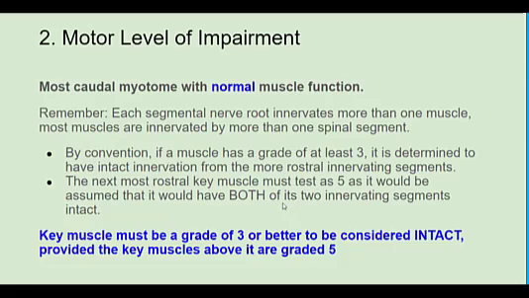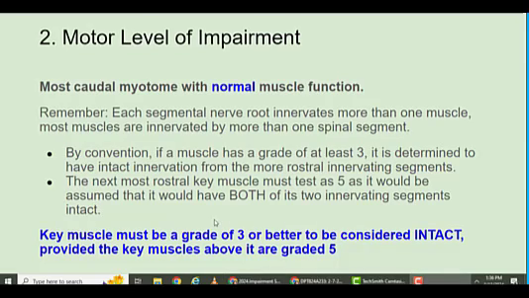The next most rostral key muscle must be a 5. That way it would be assumed that they will have both of its innervating segments. So a key muscle must be a grade of 3 or better to be considered intact, and the key muscle above it must be a 5. And we'll take a look at that in just a minute.